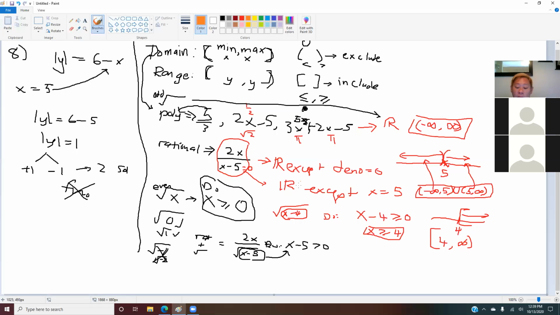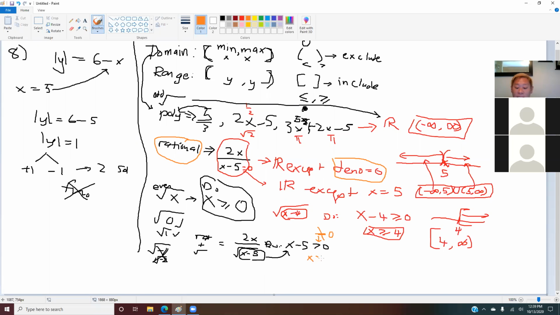Does anyone here know why we cannot use equal to in this case? Because it cannot be equal to 0. Remember, for rationals, you say everything besides 0. So you cannot make this become 0. That's why the equal sign cannot be here.